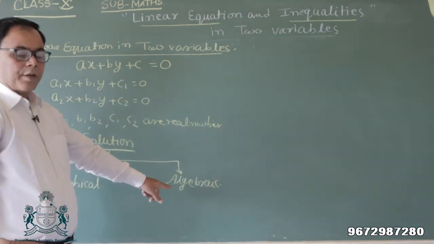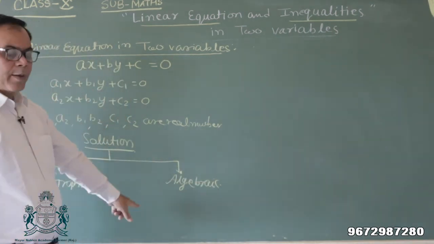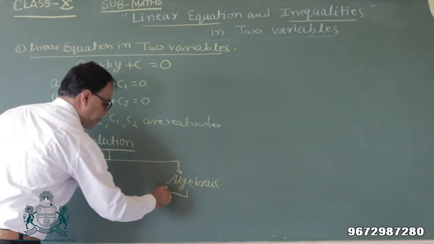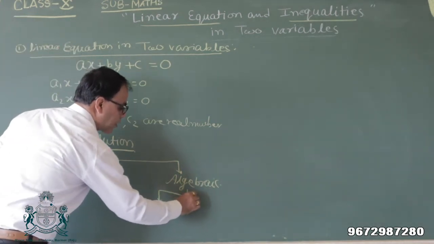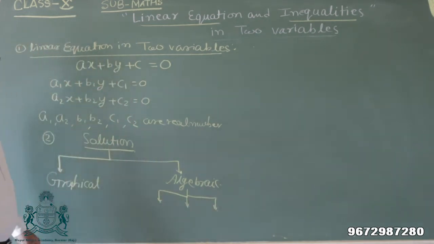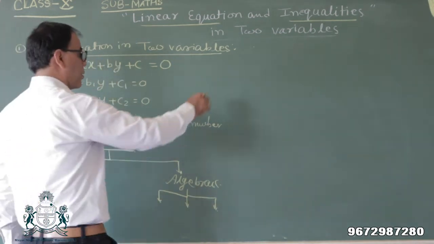Algebraic method we learned in 9th class. Three types: substitution method, elimination method and cross multiplication method. We learn the graphical method now.